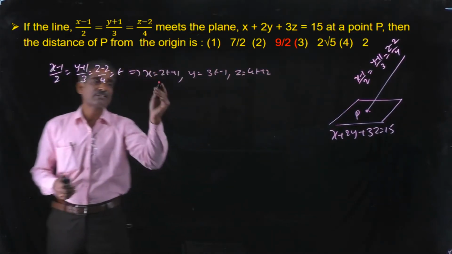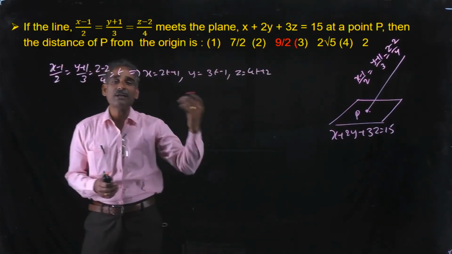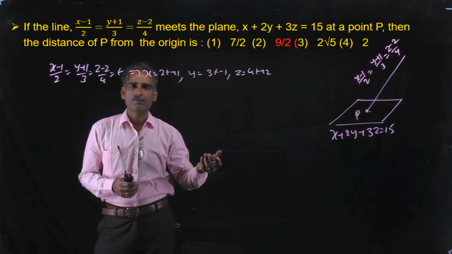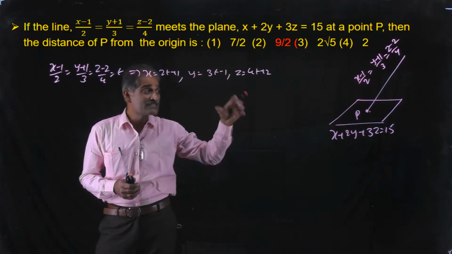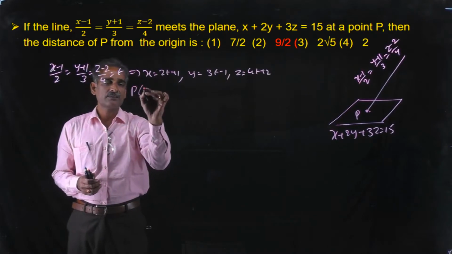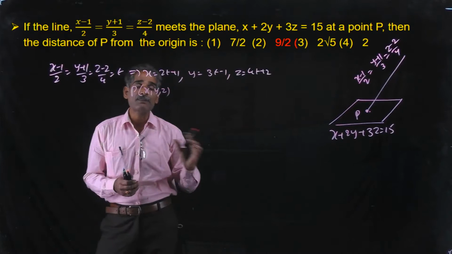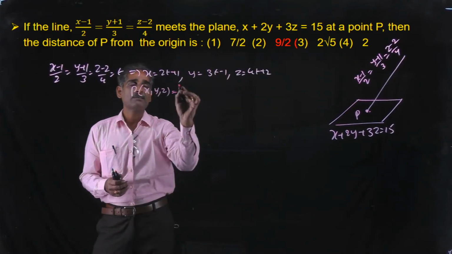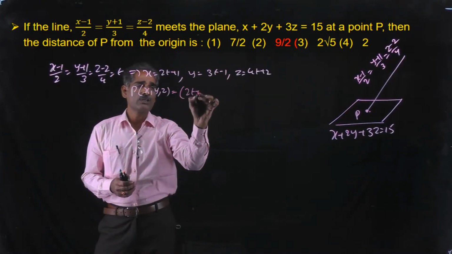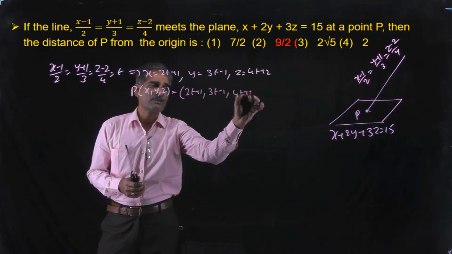This is the parametric form, otherwise the general point on the line. Now let P(x, y, z) be any point on the line. Let it be (2t plus 1, 3t minus 1, 4t plus 2).